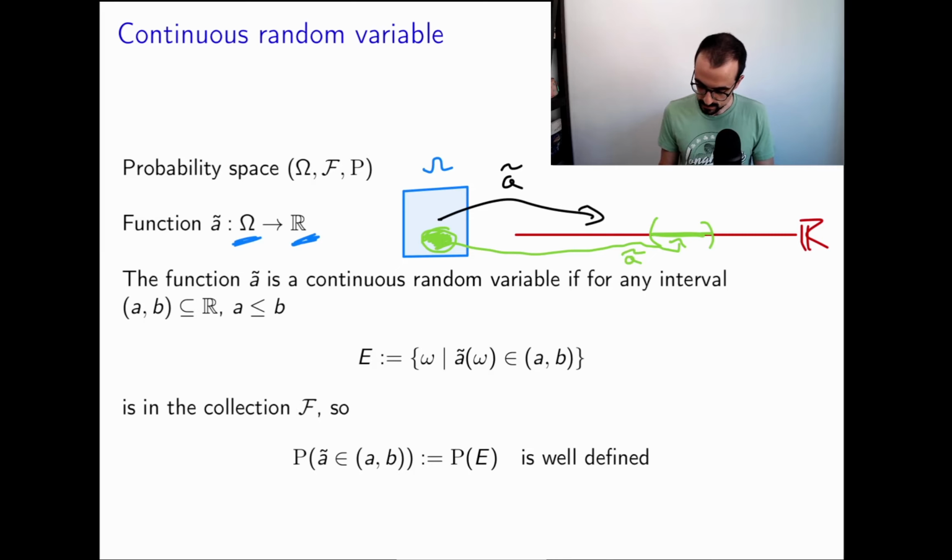So in this case, this would be E. This is A, B, the interval between these two arbitrary points A and B. For any choice of A and B, I can define an interval, and then I can look at the outcomes in the sample space that map to that interval. We're going to require that the probability measure assign a probability to that event, so that the probability that the random variable belongs to an interval is well defined.